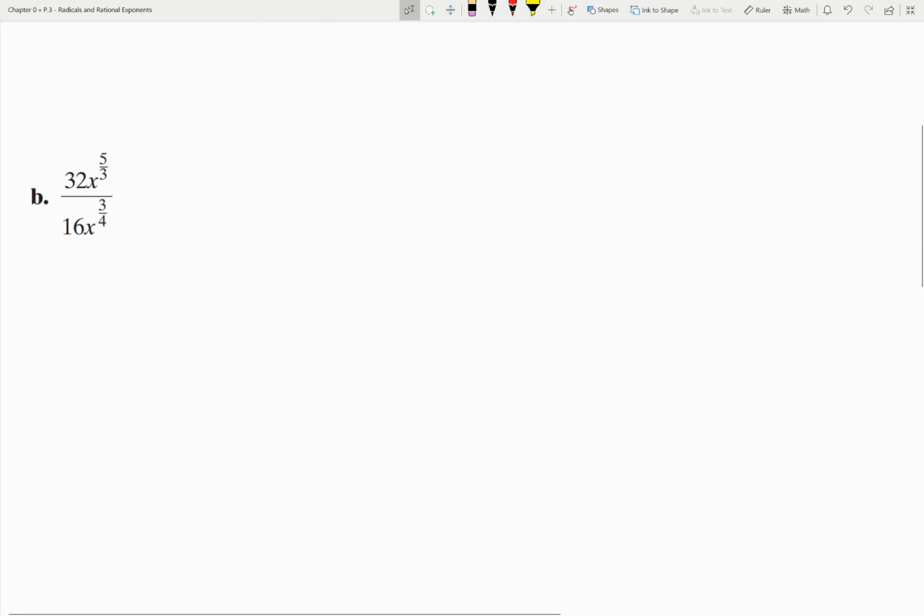So we start with 32 over 16, which is 2. And then we have two fractions, 5 over 3 and 3 over 4. Luckily, 5 over 3 is bigger than 3 over 4, right? 3 over 4 is a little bit less than 1, 0.75. 5 over 3 is bigger than 1.